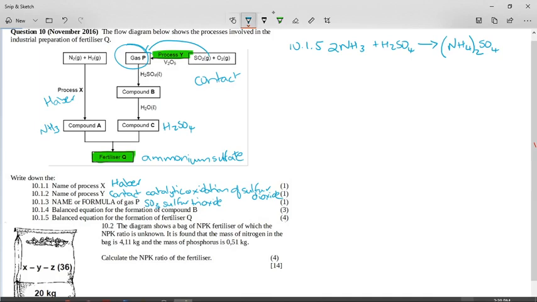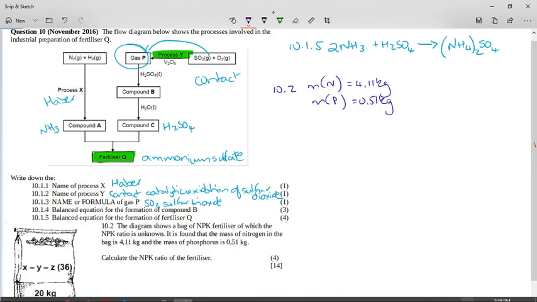Okay, then it says to you here, the diagram shows a bag of NPK fertilizer of which the NPK ratio is unknown. It's found that the mass of nitrogen in the bag is 4,11 kilograms. Then it says to you the mass of phosphorus is 0,51 kilograms. Calculate the NPK ratio.